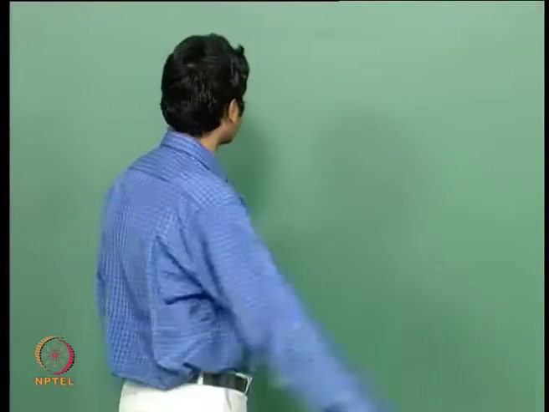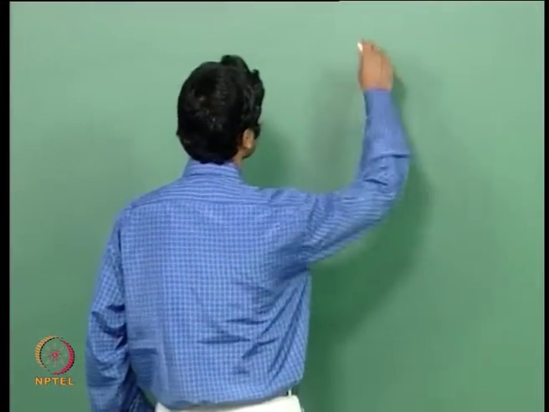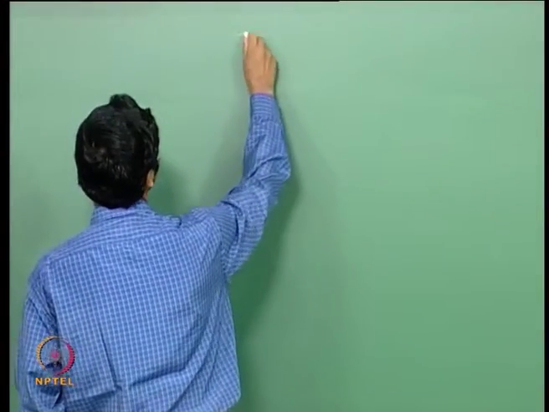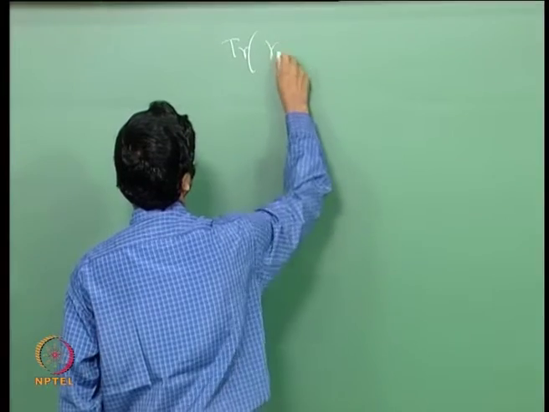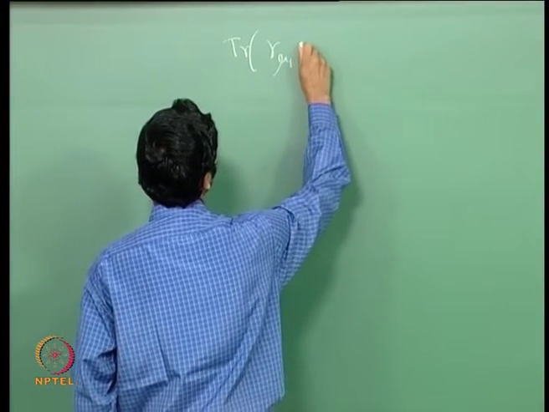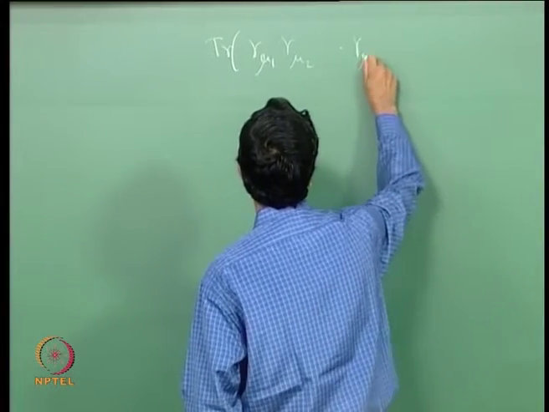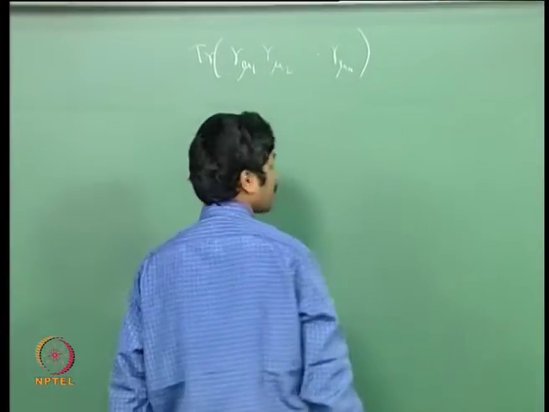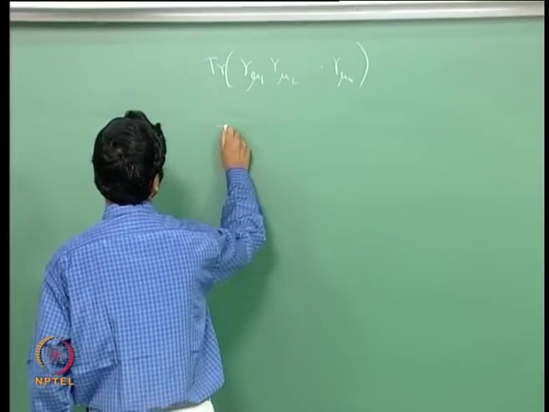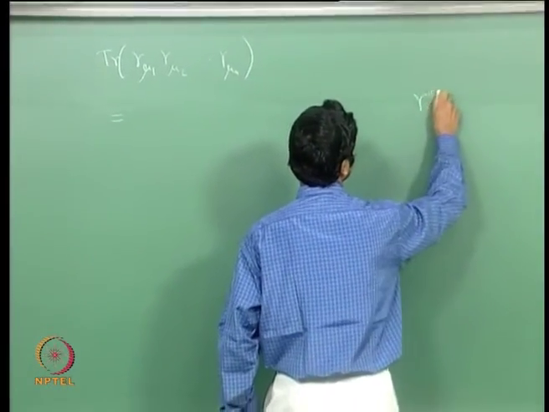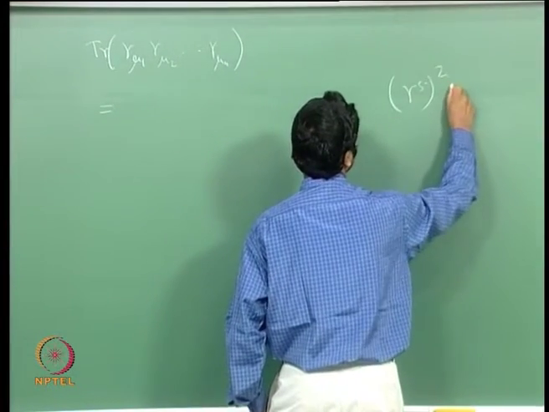So, now we have to prove the first relation, that is the trace of an odd number of gamma matrices is 0, and this is very easy to show. So, let us consider the trace of gamma mu 1, gamma mu 2 up to gamma mu n, where n is odd. Note that gamma 5 square is actually equal to identity.